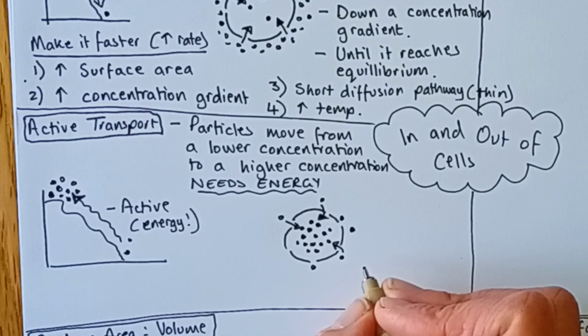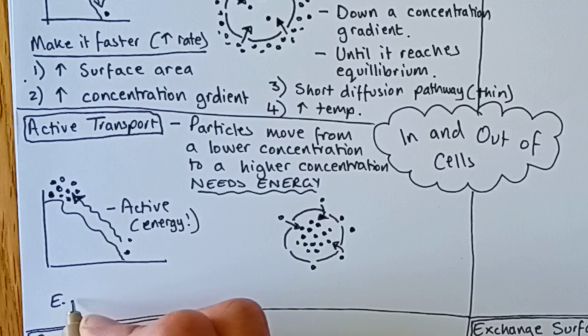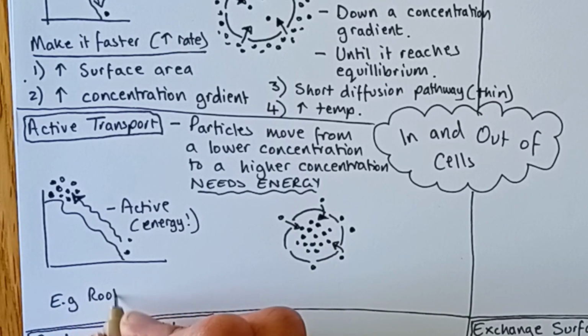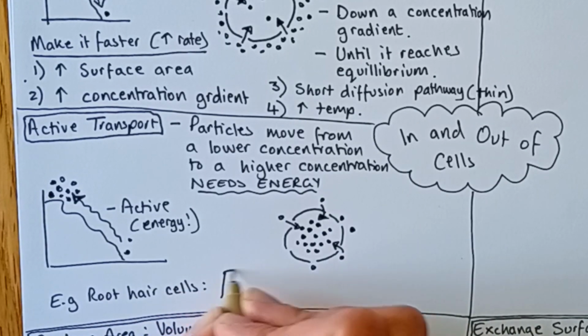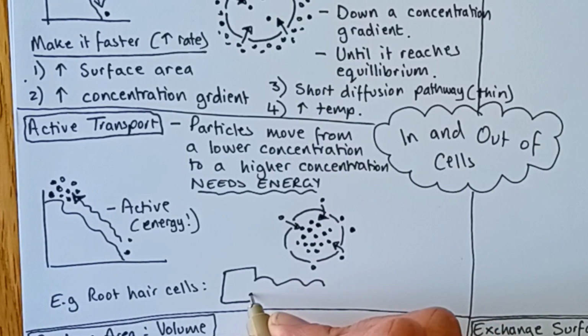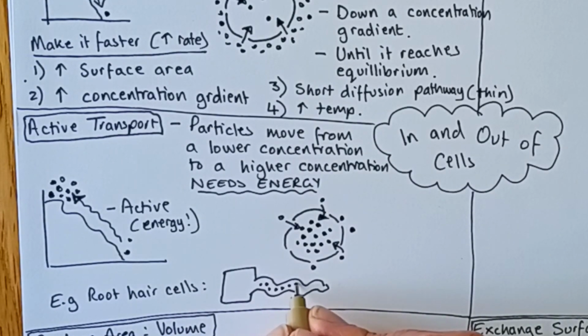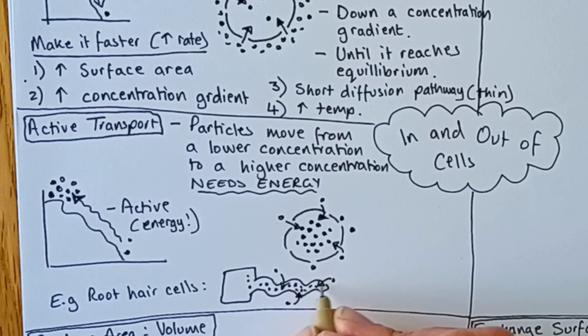Another example then of that is in root hair cells, the classic example. So root hair cells, remember, are this funny shaped cell. They've got a square shape, and then they've got this long sticky out hair into the soil. And even though the cytoplasm is full of lovely minerals, it wants to take more in. So it uses energy, it uses ATP to take them in.